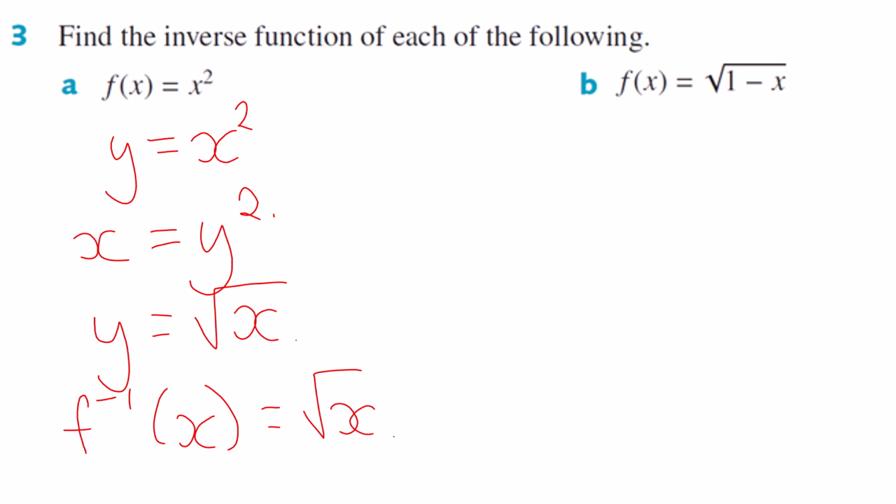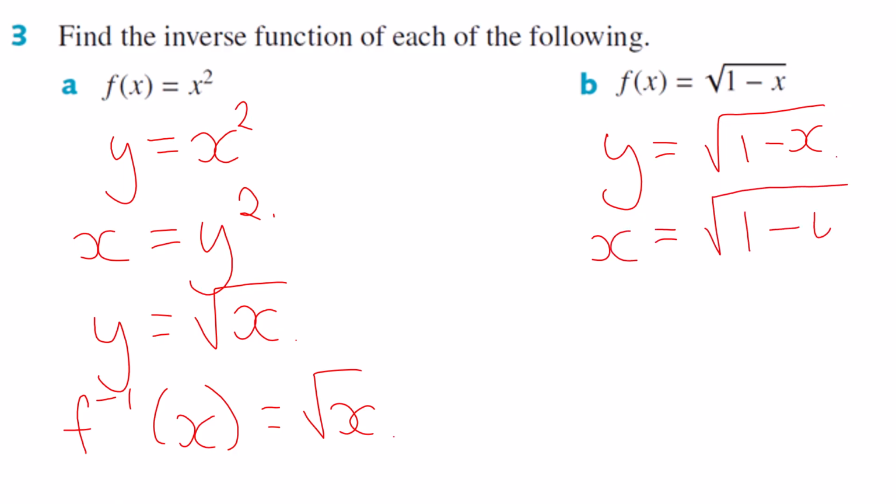The next question is exactly the same, except we're going to have some more steps. We're going to have y equals the square root of 1 minus x. We swap them around. x equals square root of 1 minus y. Now, to make y the subject, we're going to have to square both sides.